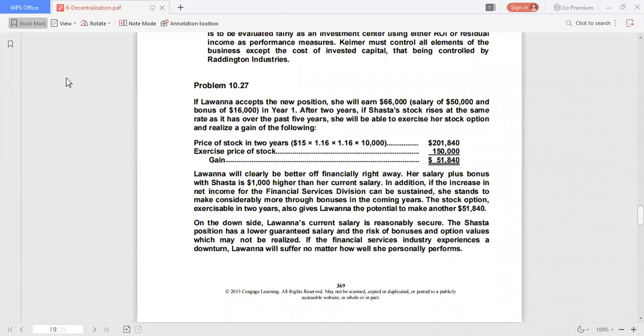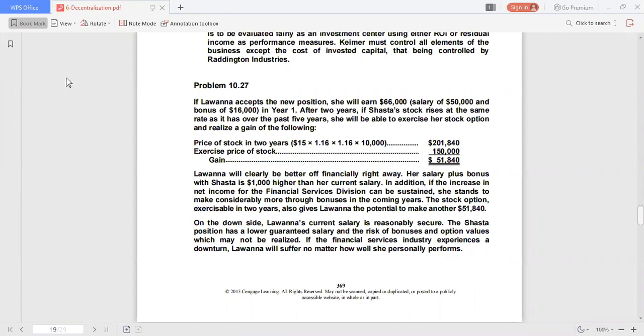Last year, the financial services division earned 1,110,000. This year, it's budgeted to earn 1,600,000. Shasta's stock has increased in value.